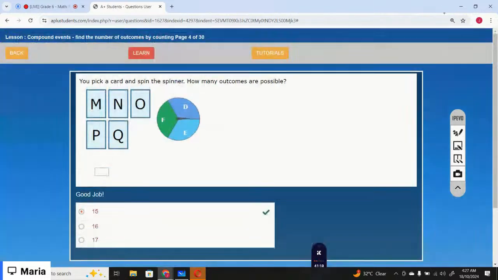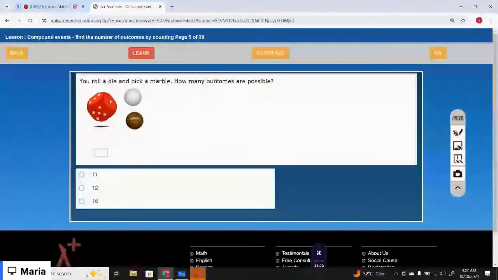Okay, the next one is you roll a die and pick a marble. How many outcomes are possible? So, which is the correct option?